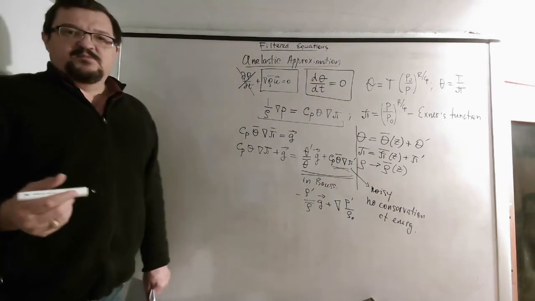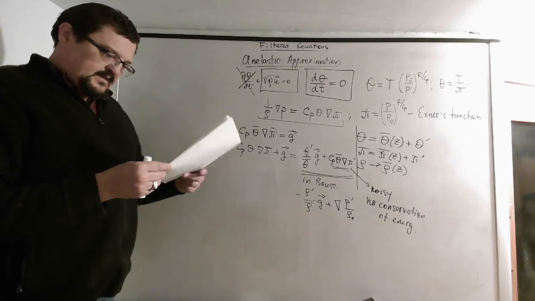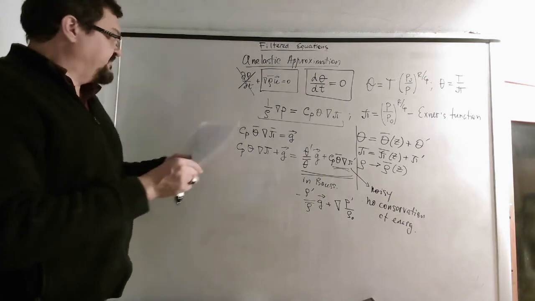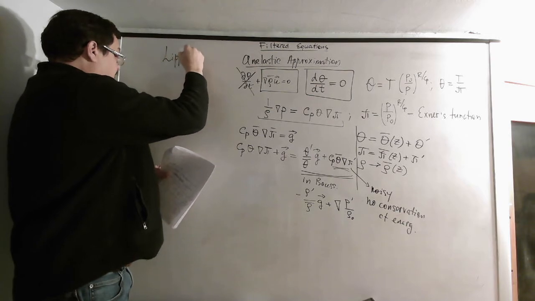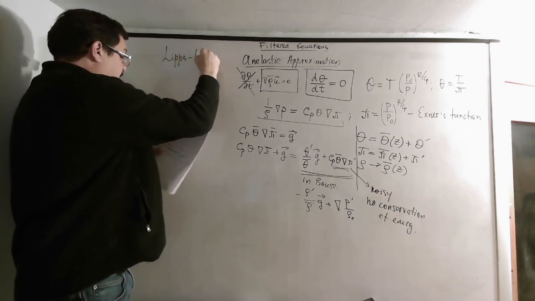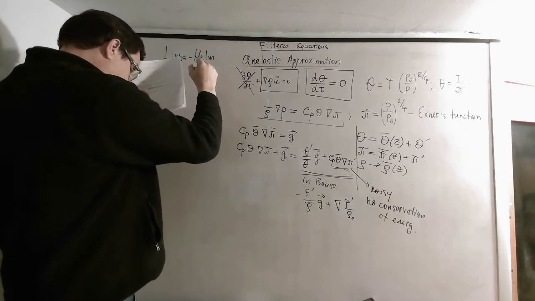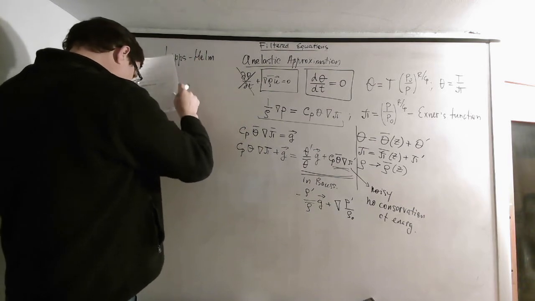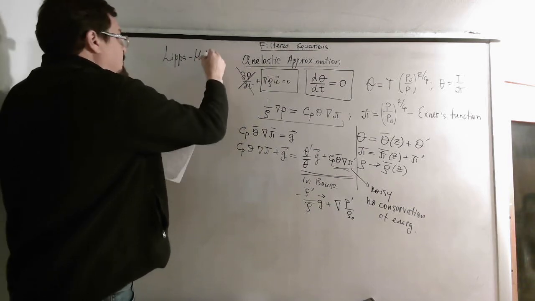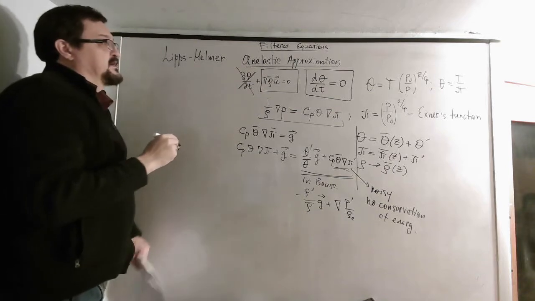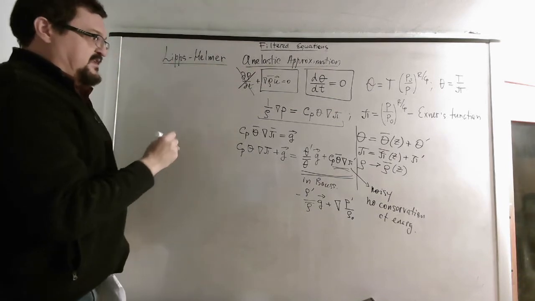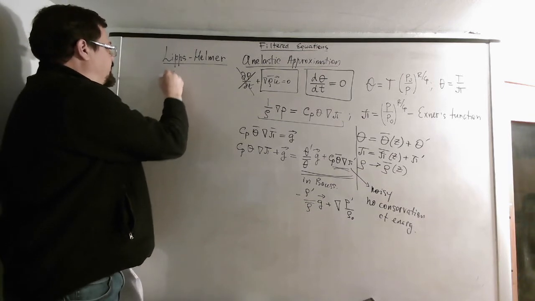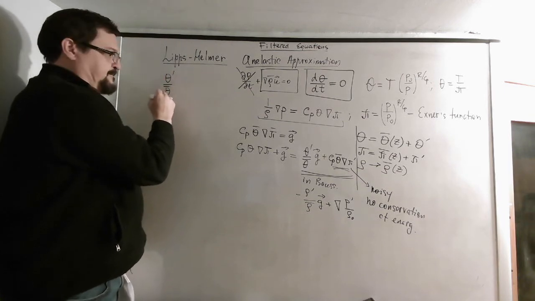So this problem was fixed by Lipps and Hemler. They had a kind of approach to anelastic approximation that basically said that these two terms should be written like the following.